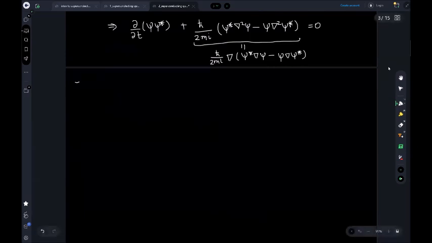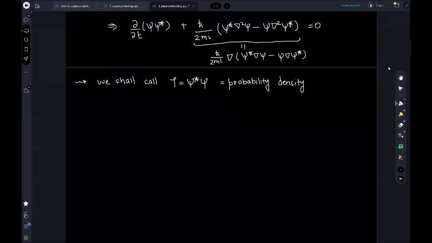Now we shall call this term, psi star times psi, as rho. In a macroscopic sense, you can think of it as describing the density of Cooper pairs inside the superconductor. And so del rho by del t is the rate of change of the density of Cooper pairs at a point in space.